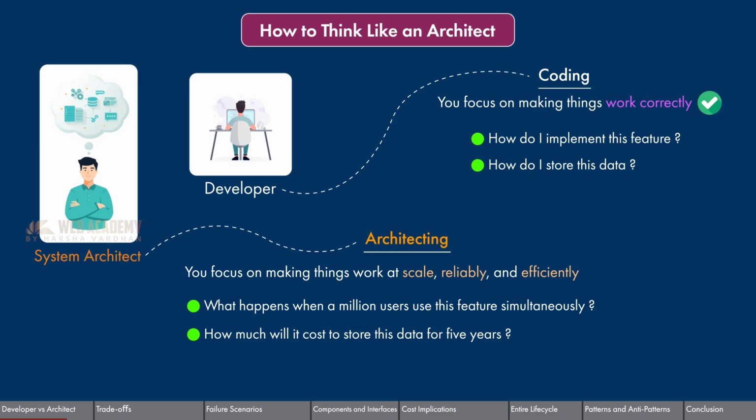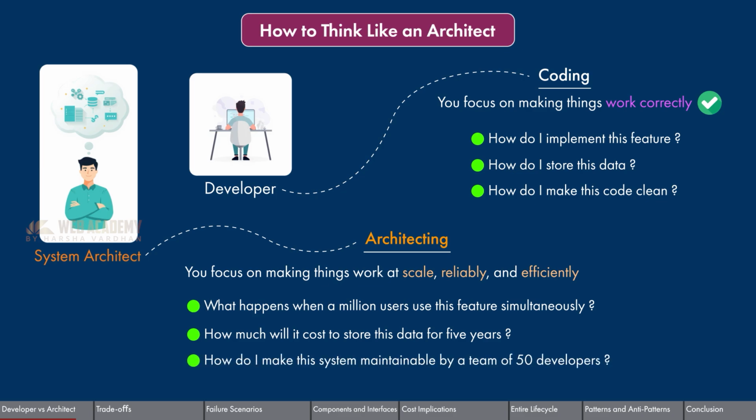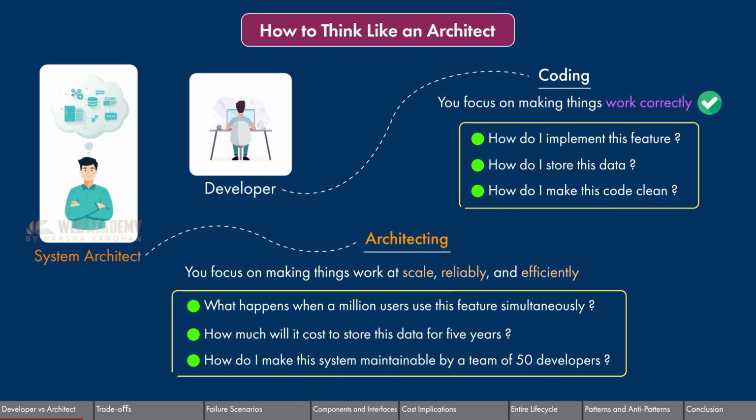A developer thinks about, how do I make this code clean? An architect thinks about, how do I make this system maintainable by a team of 50 developers? See the difference? It's about thinking at a higher level, considering the bigger picture.